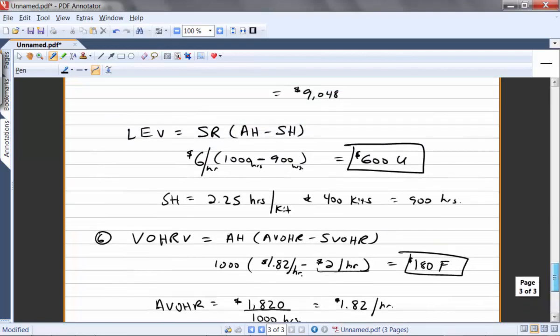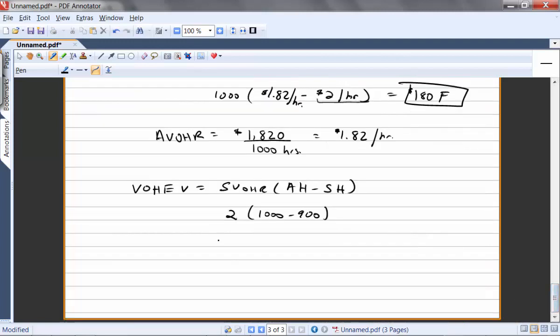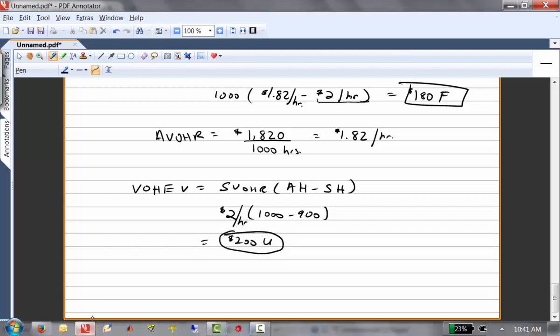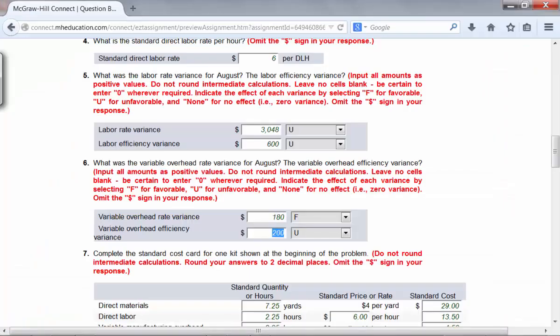We got that right here. So that means the variable overhead efficiency variance is $2 per hour times 100 hours, $200 unfavorable. It's positive, so it's unfavorable. And we can check and make sure that that's correct.